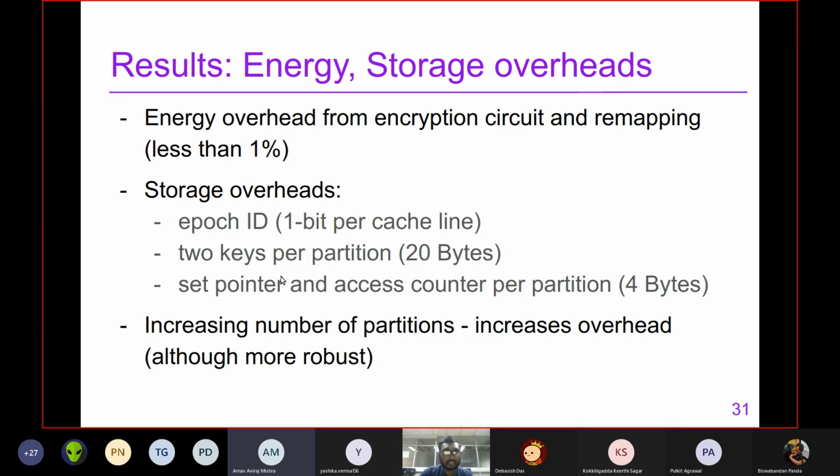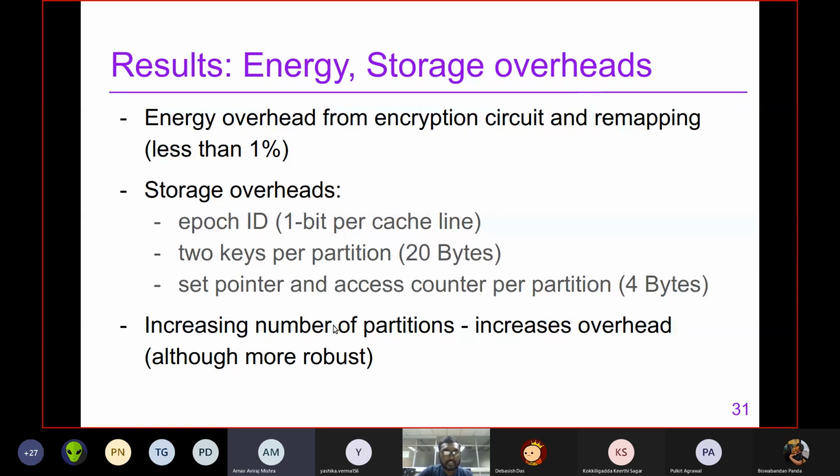Each key is of 10 bytes, and then we need 1 set pointer to denote which set is next up for remapping, and we also have to count the number of accesses, because we are doing remapping per 100 accesses or per 200 accesses. So we also need to store the accesses. This comes to 48 bytes per partition, plus 1 bit per cache line. So this is quite small.